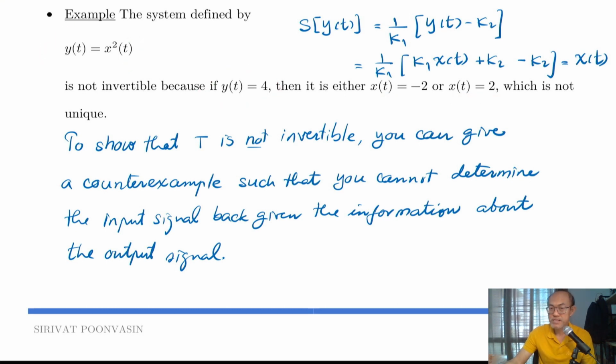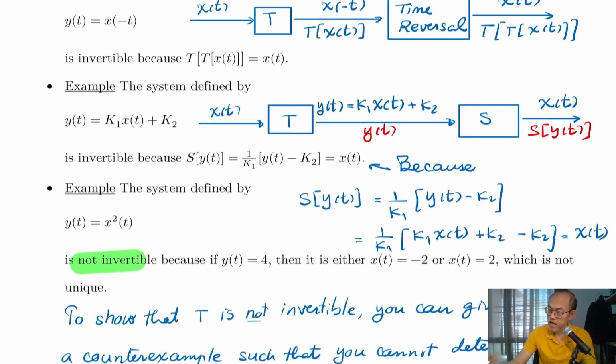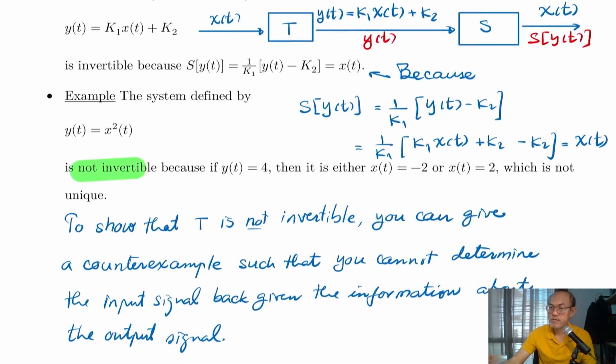So this system is not invertible. To be invertible, you have to have a unique signal back here. You have to be able to determine exactly what x is without ambiguity for the system to be called invertible.